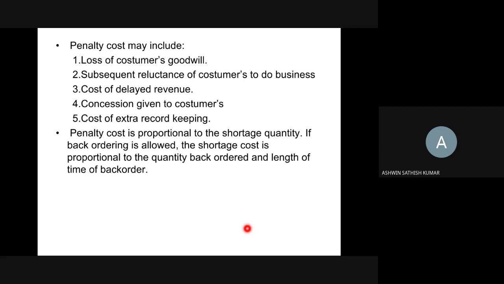And if back ordering is allowed, the shortage cost is proportional to the quantity back ordered and the length of the back order. It means the shortage cost will depend on the period for which we have the shortages.